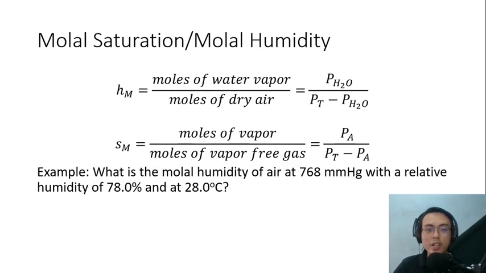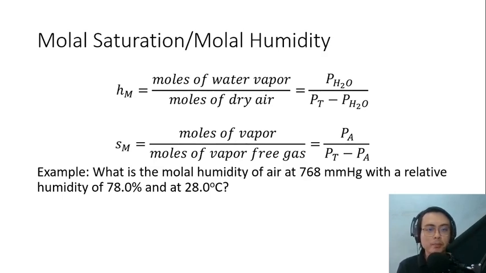That's why you see here that the numerator is the partial pressure of water divided by the total pressure minus the partial pressure of water, because the denominator gives us the partial pressure of dry air.